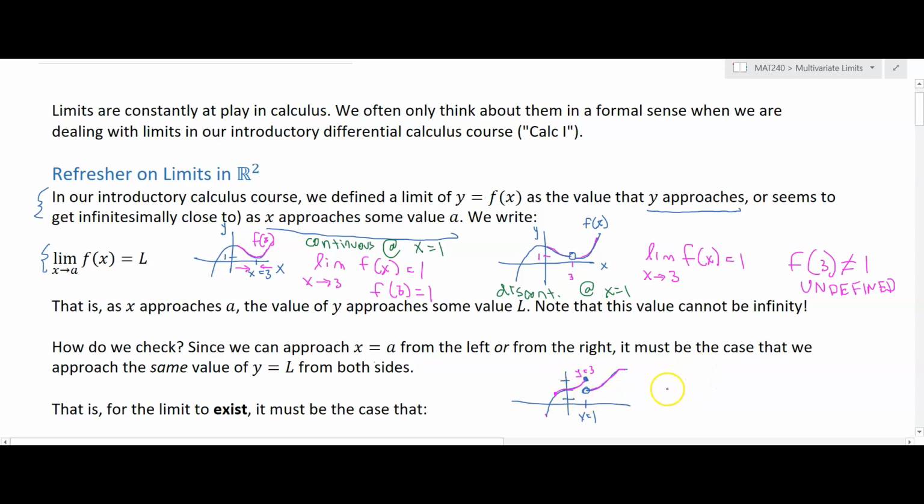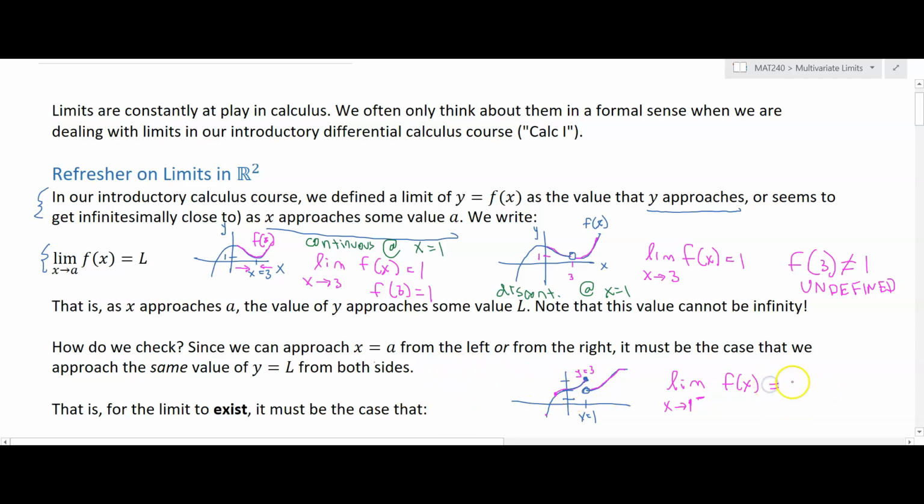So we would write it like this. We would say that the limit as x approaches 1 coming from the left. So we put that little superscript of a negative sign, and the limit of this function as we approach 1 from the left, from the negative side if you think about it, doesn't mean you have to come from a negative x value, it just means you're coming from the left of it.